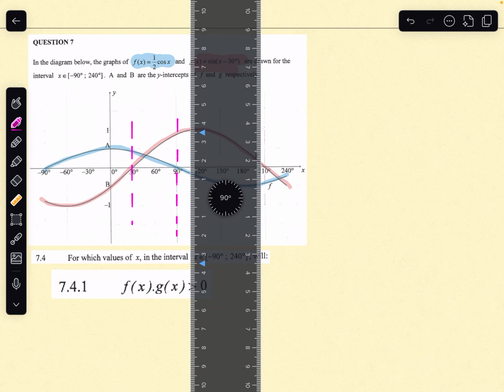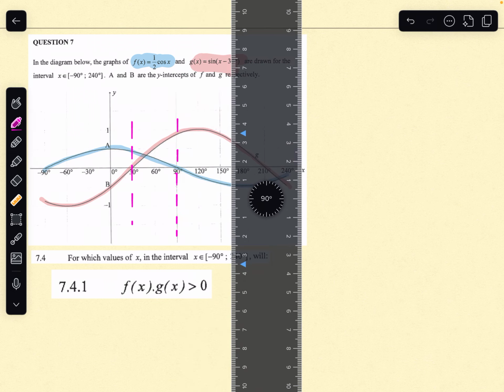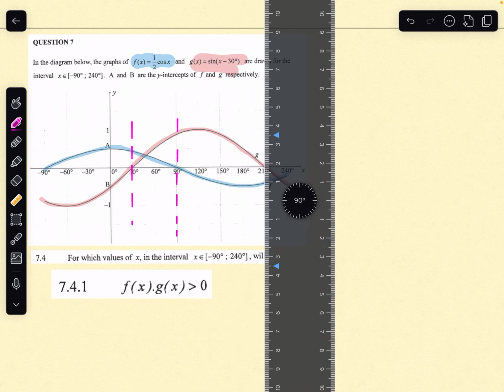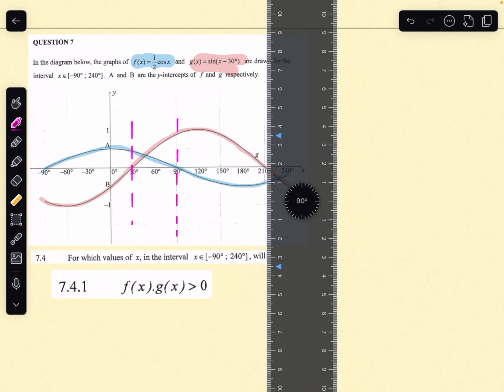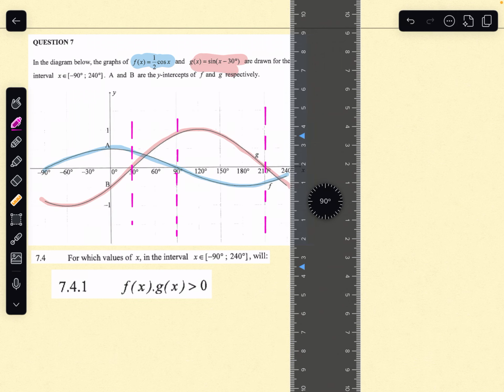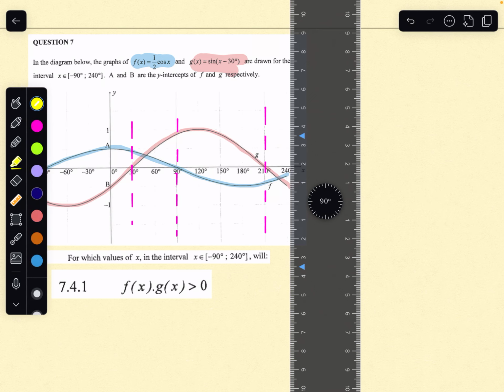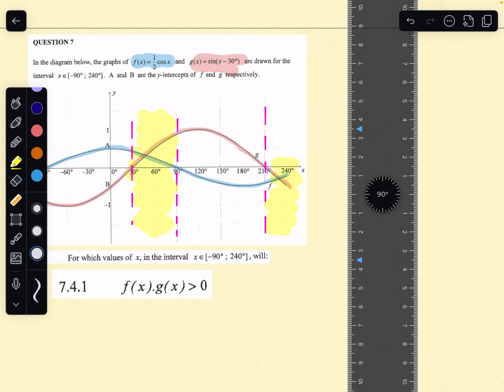Then forward we go. Now we have positive and negative, positive and negative, positive and negative until red dips below the x-axis. And so we now end up with both red and blue outputting negative values. So the areas that work are this area over here, okay, because both F and G are positive there, and then this area over here, because both F and G are negative.